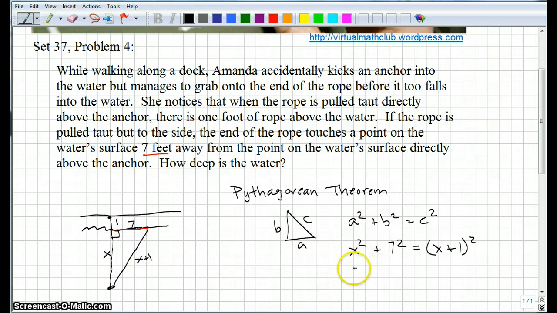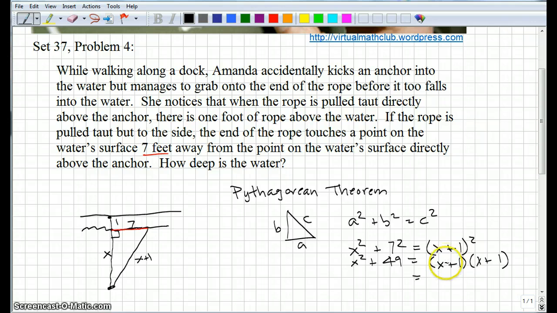Alright, well, let's just expand that out. So we have x squared plus 49 is equal to, now, there's a number of ways you can get the square here. You could write it out as x plus 1 times x plus 1, and then use the distributive property. That's one way to do it.